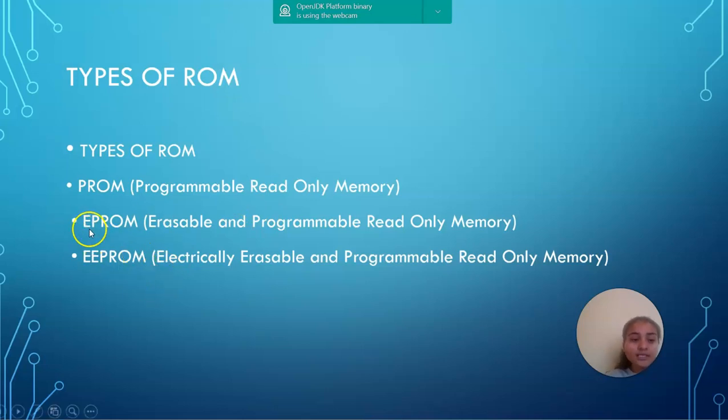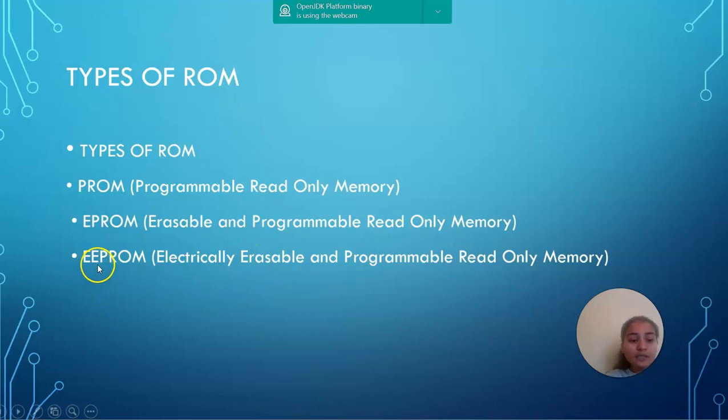Now, next EPROM, erasable and programmable read-only memory. It means the information is erased and reprogrammed using a special device. EPROM differs from PROM in that PROM can be written only once and cannot be erased.